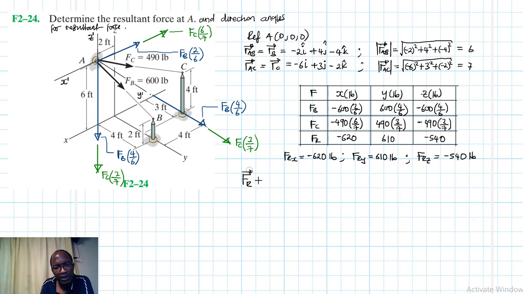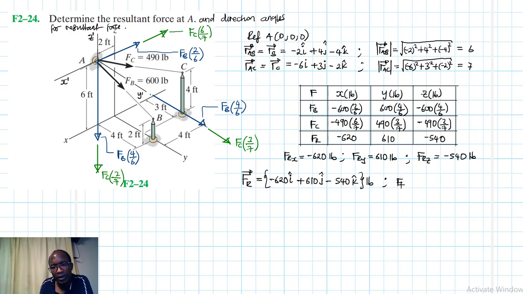So this as a vector is just going to be equal to minus 620i plus 610j minus 540k. And the units for this vector expression is just pounds.